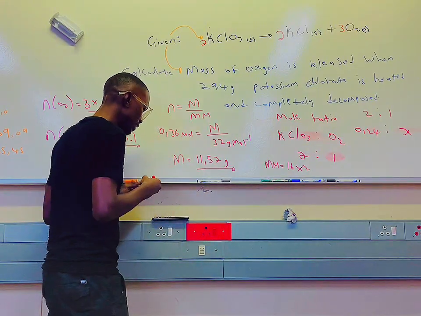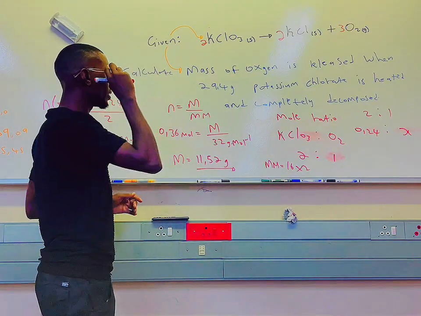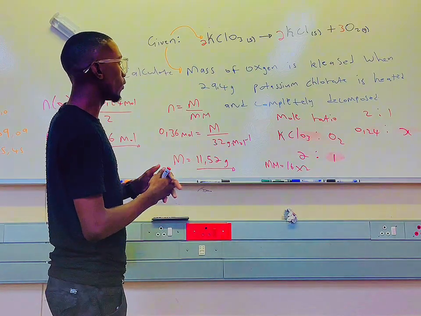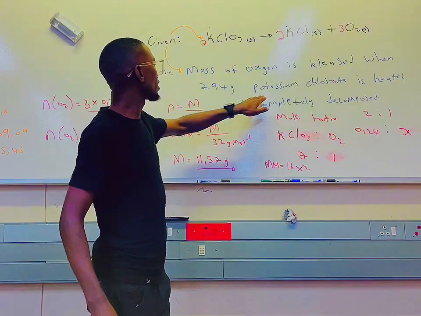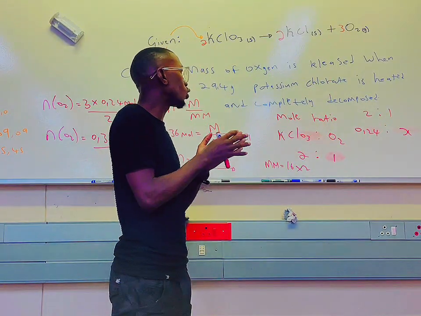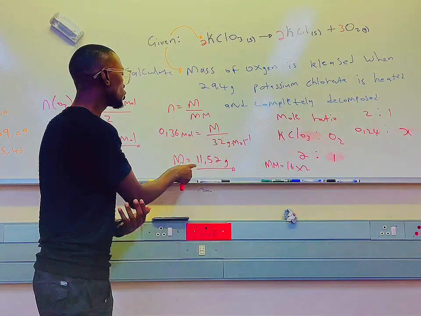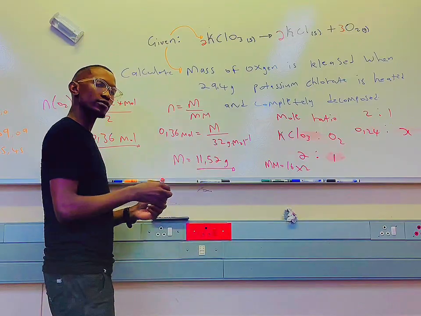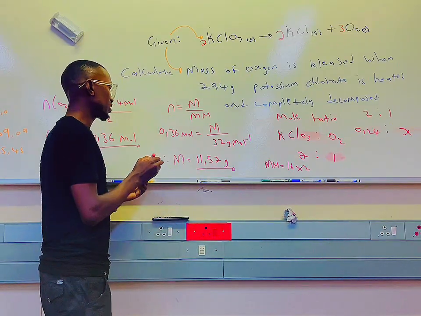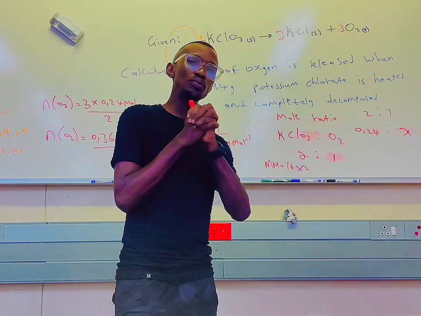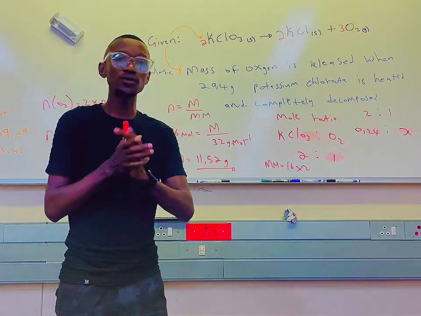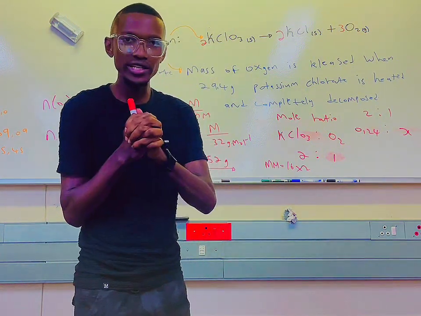So the mass of oxygen that was released when the 29.4 gram potassium chlorate was heated and completely decomposed was found to be 11.52 grams. So therefore, the mass of oxygen is what? 11.52 grams.